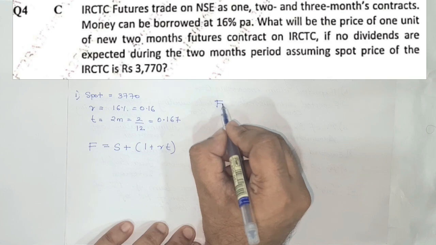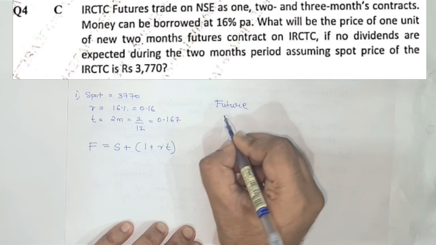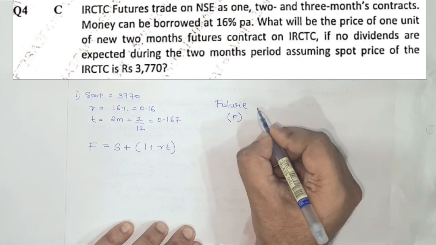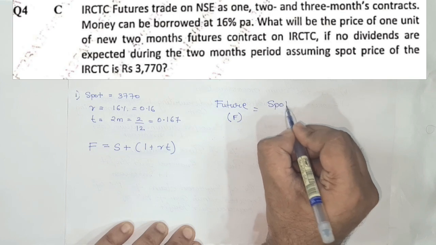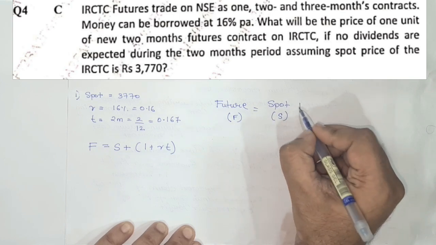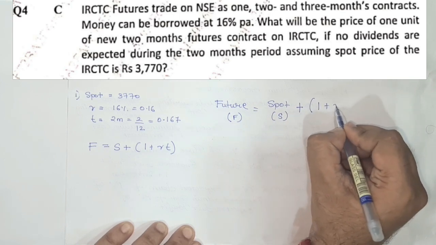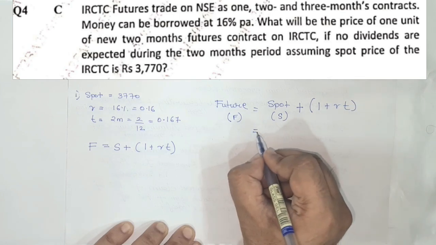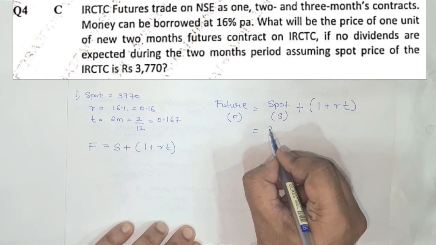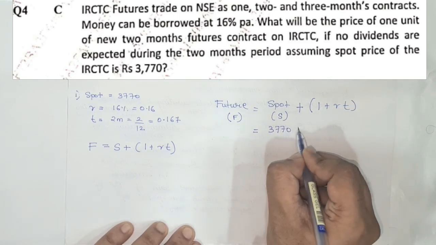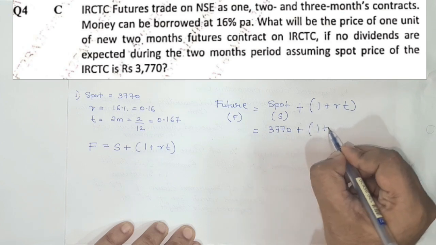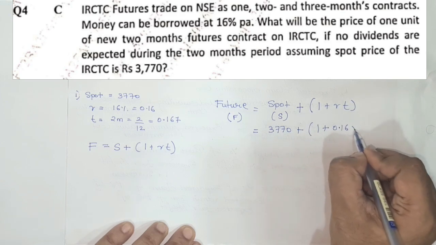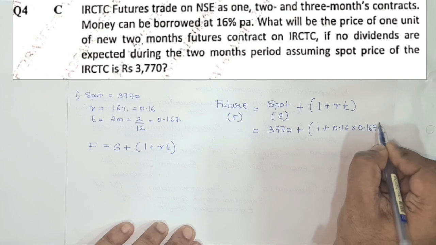So future price, that is F, is equal to the spot price into 1 plus rate into time, that is the period. So I'm writing spot is 3770 into 1 plus R, which is 0.16 into 0.167.